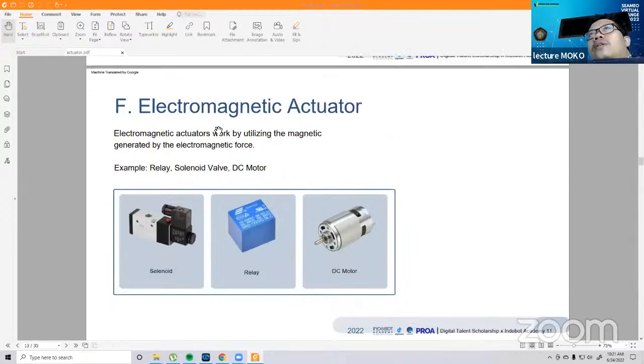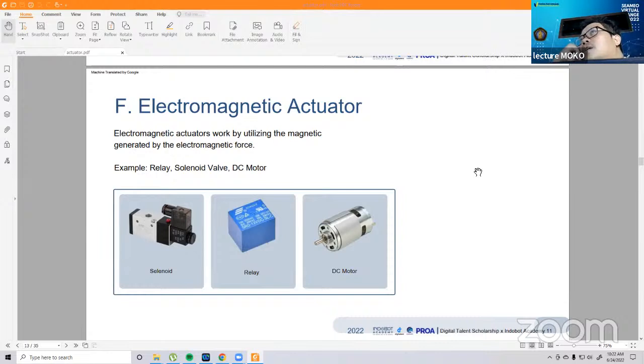The other actuator is the electromagnetic actuator. An electromagnetic actuator works by utilizing the magnetism generated by electromagnetic force. Do you know that you can make a magnetic system using electricity? I think you have done a practical on electromagnetism in your senior high school, because it is mandatory material for senior high school.